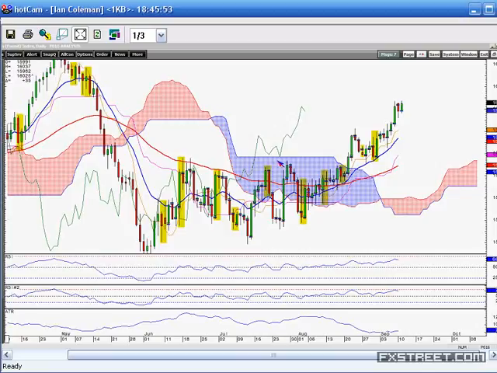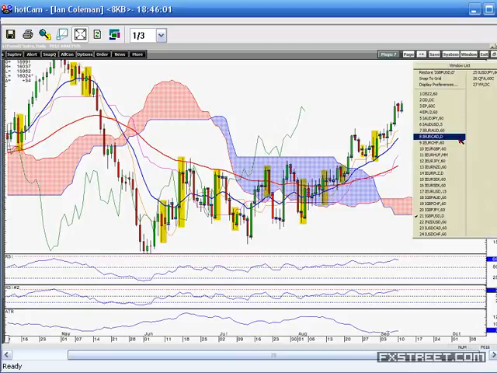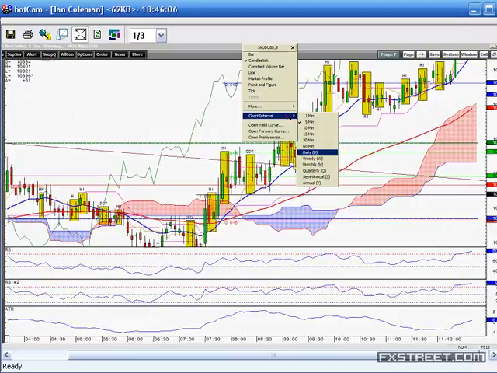So cable looks like it could exhaust pretty soon. Euro dollar looks like it's got a little bit more legs in it. Then we want to look at Aussie dollar, one of my favourite currency pairs.